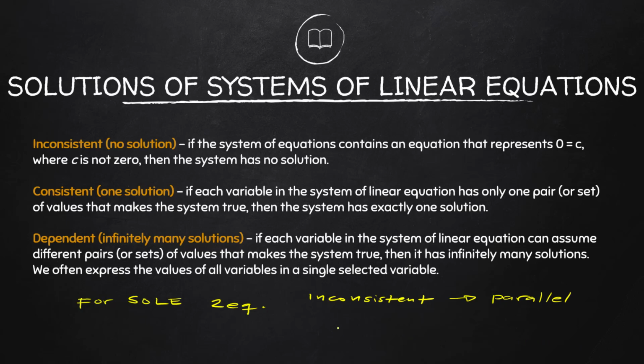They will not intersect. For consistent solutions involving two equations for a system of linear equations, the graph of that, they will intersect rather, at one point.